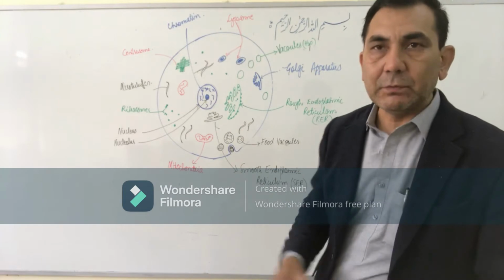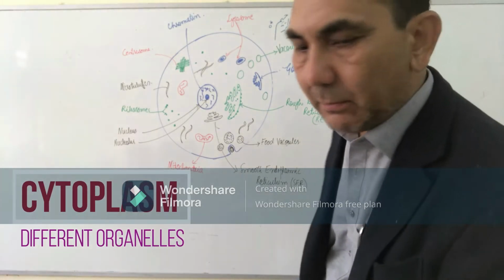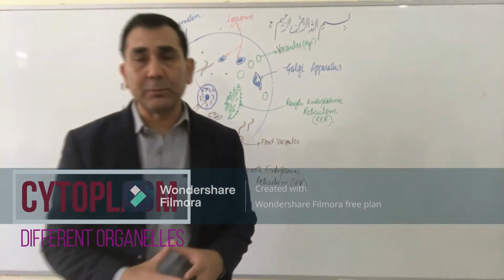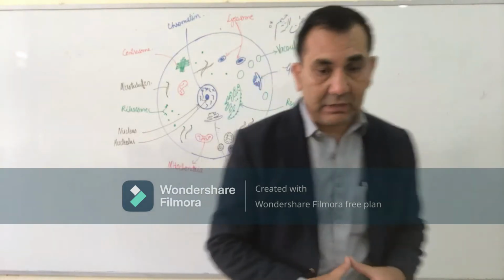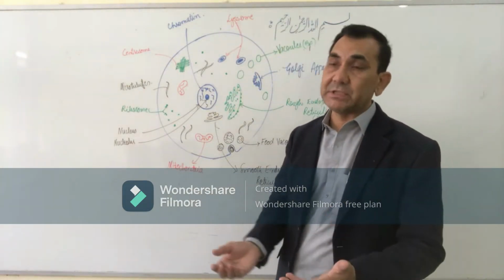In today's session we will learn in more detail about the cytoplasm. What is the cytoplasm? The cytoplasm is the protoplasm, the living unit of life, present inside the cell.